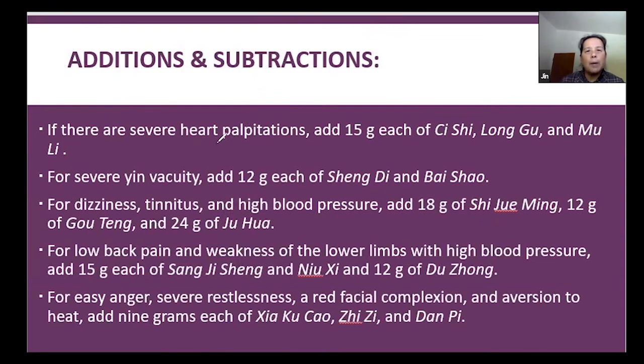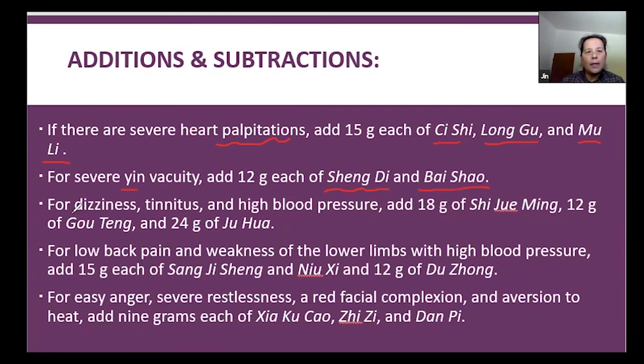Severe heart palpitations, 磁石、龙骨、牡蛎, all the heavy herbs, bring the heat down. And for severe yin deficiency, we add more herbs nourishing yin. Nourishing blood belongs to yin.